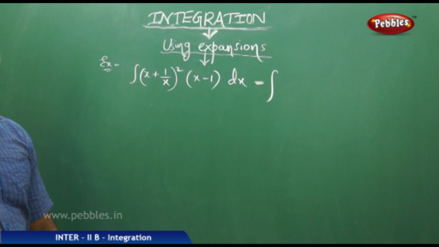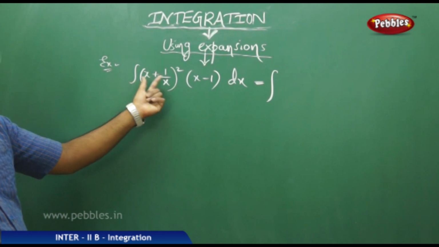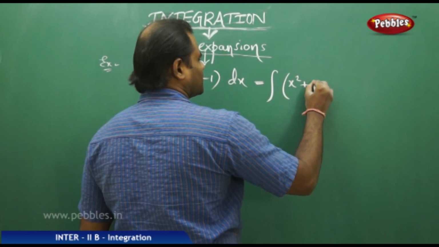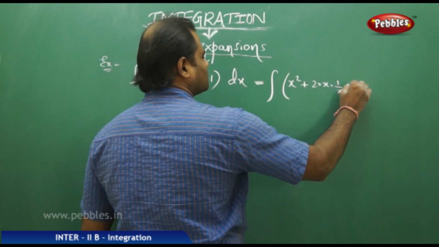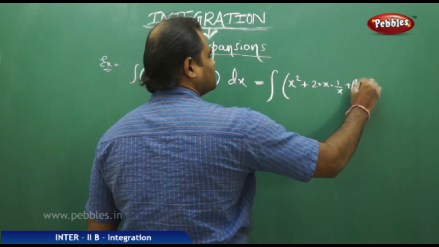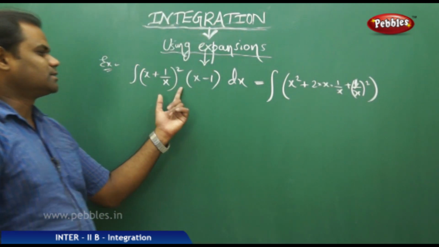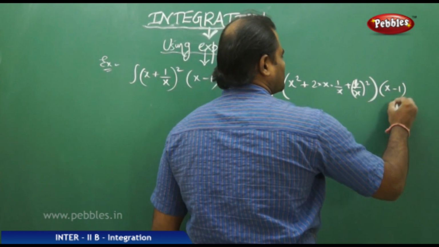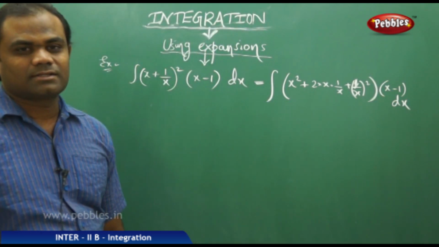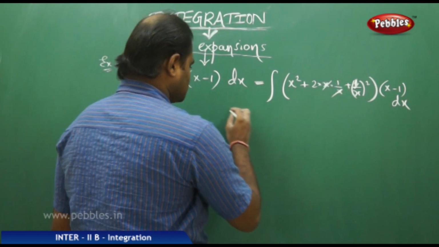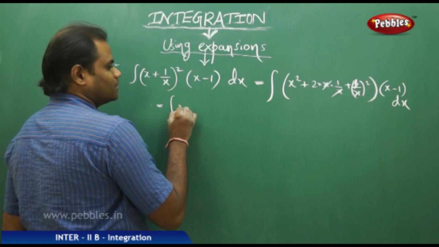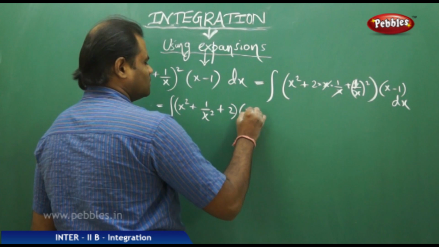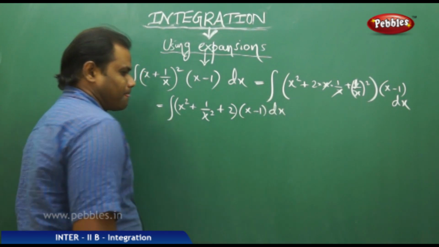Initially I see that I need some expansion here, that is, this is in the form a plus b whole square. So I use the formula a square plus 2ab plus b square times x minus 1 dx. Now this x gets cancelled and I get the integral of (x square plus 1 by x squared plus 2) times (x minus 1) dx.